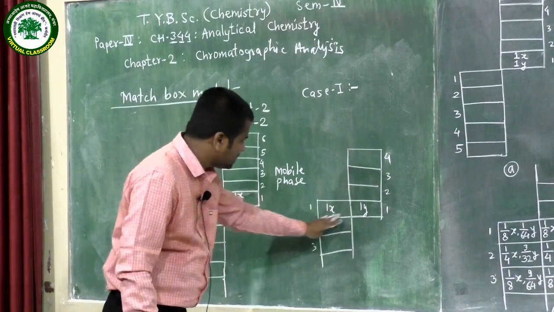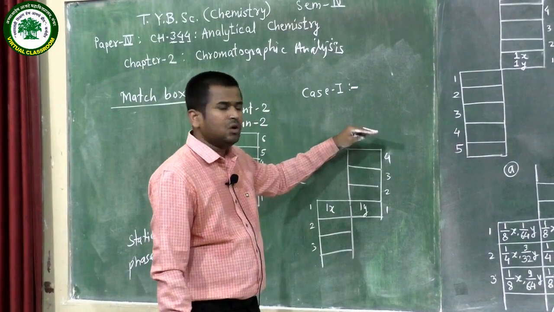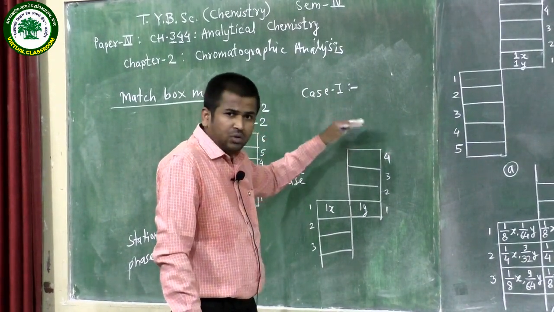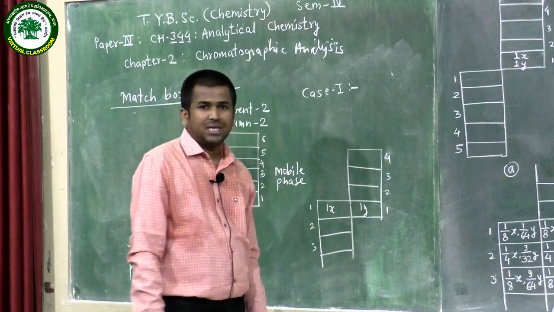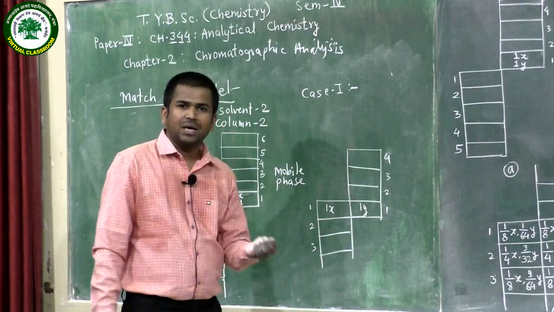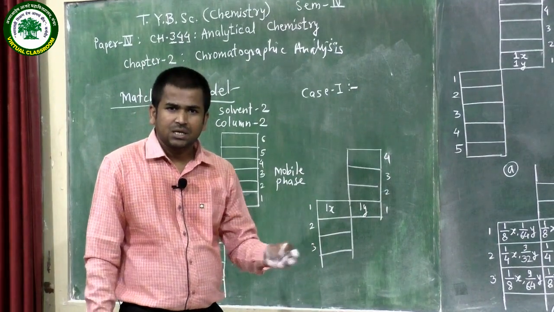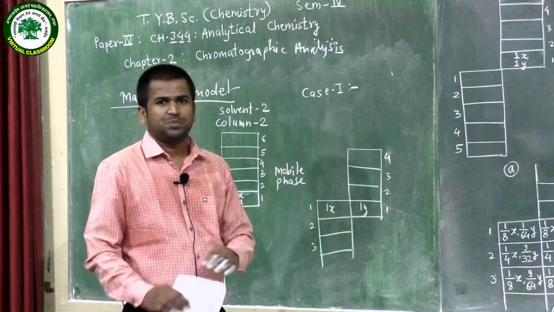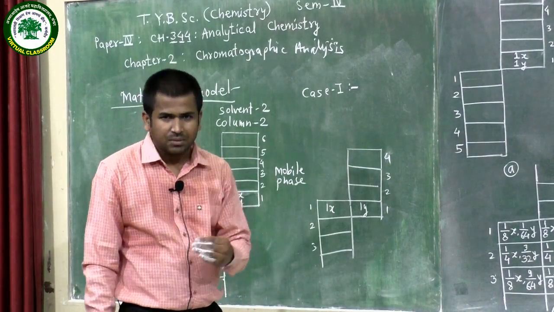When we go on adding boxes of solvent 2 on column 2 and push it down by 1 unit, Y gets completely separated from X. X remains completely on solvent 1 and Y remains completely on solvent 2. Here we get 100% separation. So separation efficiency is maximum and spread of the solutes is minimum. So this is case 1.